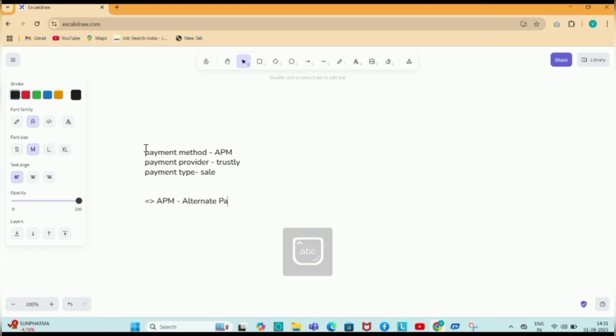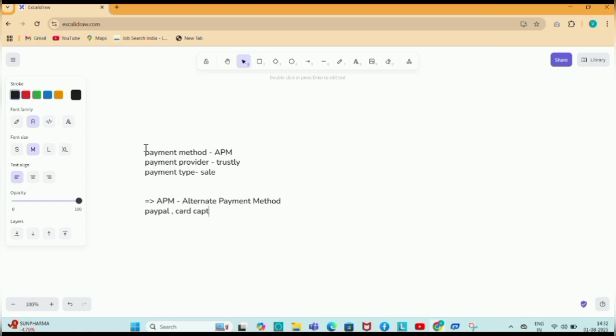So APM stands for alternate payment. APM, like in a provider, provides code options.